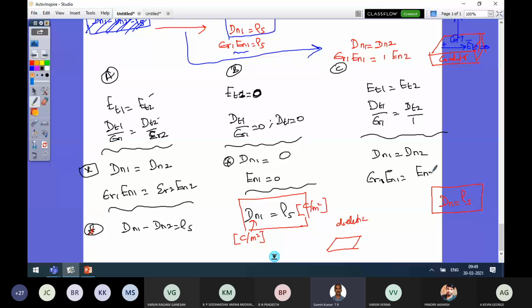Then you will get En2. That's all. If you consider this third equation, or if you consider the surface charges, then you can write epsilon r1 into En1 minus En2 equal to rho s.